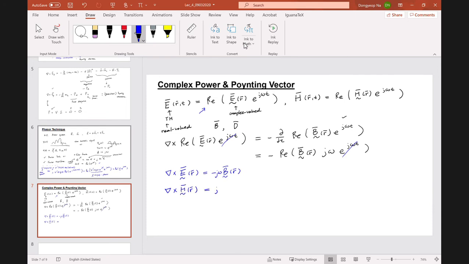The time derivative is replaced by j omega, the field, and also the phasor of the J. Of course, we can have the phasor representation of magnetic current as well. Okay. The same thing for Gauss's law. The Gauss law for magnetism.